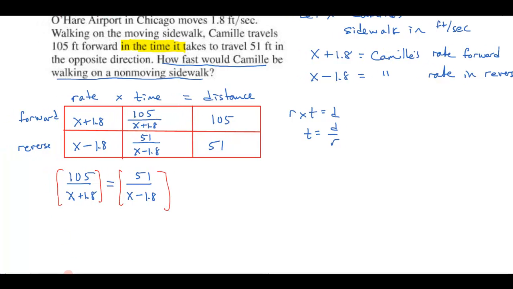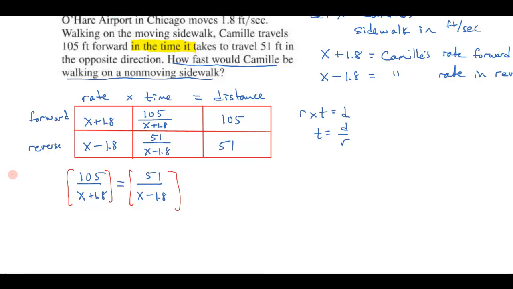So I'm going to multiply both sides by my common denominator, which would be x plus 1.8 times x minus 1.8. That's the same thing in this case as cross multiplying, because this is like a proportion. If I cancel what I can, x plus 1.8 canceling there, x minus 1.8 canceling there, I end up with 105 times x minus 1.8 equaling 51 times x plus 1.8.